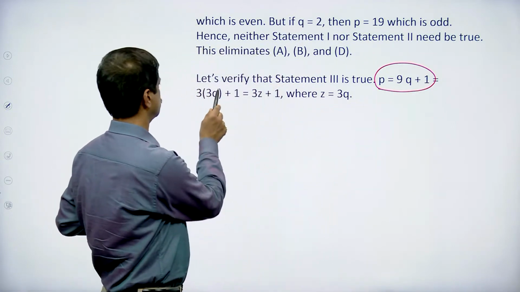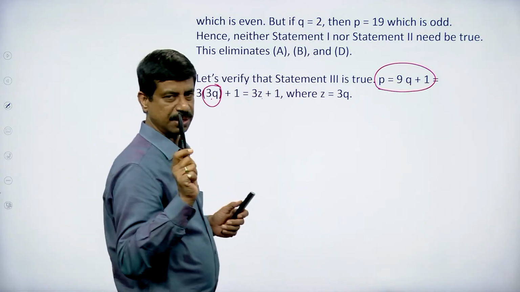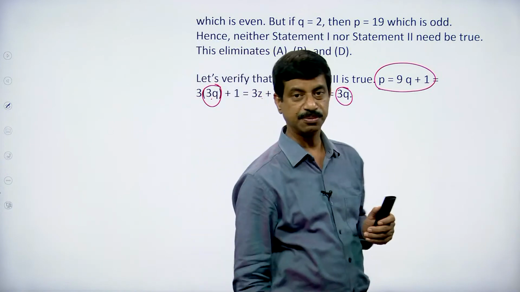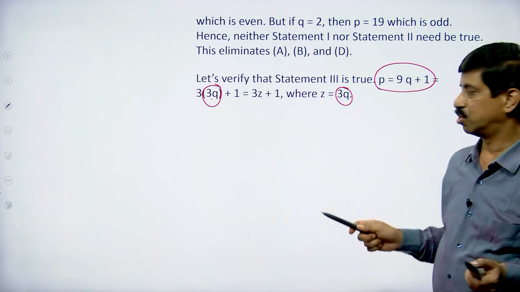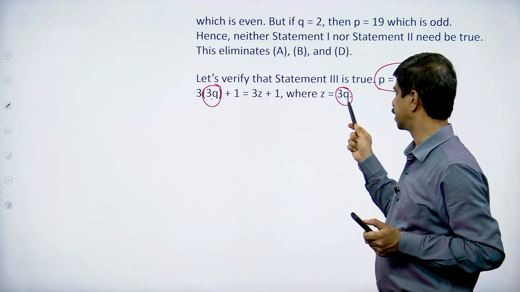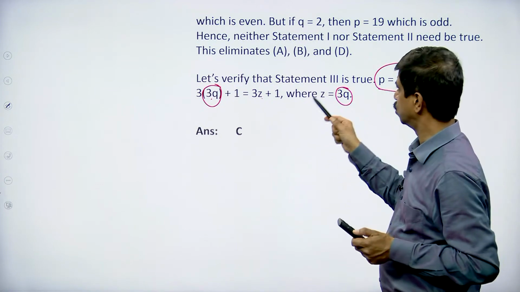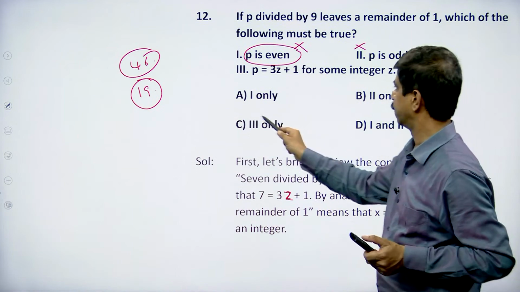So that is 3 into 3q plus 1. So 3q, I am replacing it by z. See, but this z is a multiple of 3. Z is a multiple of 3. But it's not true for universal values. So z should compulsorily be 3q. So therefore, this statement C also is not true for everything.